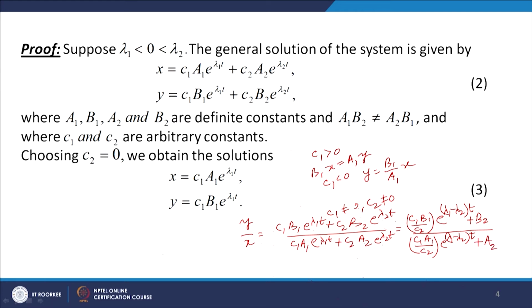So, as t goes to infinity, limit t goes to infinity. Now, since lambda 1 is less than lambda 2, lambda 1 minus lambda 2 is negative. So, as t goes to infinity, e to the power lambda 1 minus lambda 2 t goes to 0, and therefore, y over x is equal to B2 by A2, and therefore, what we can say is that the rectilinear paths enter 0 0 with slope B2 by A2.